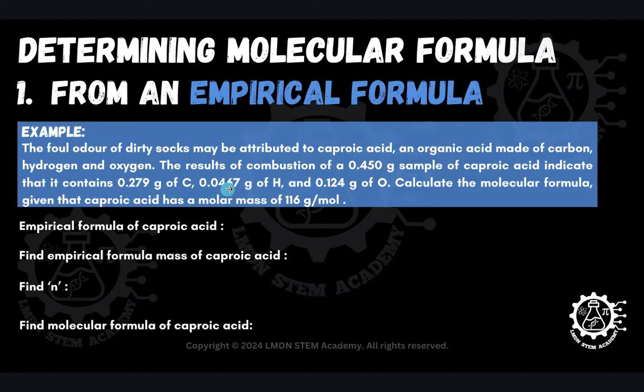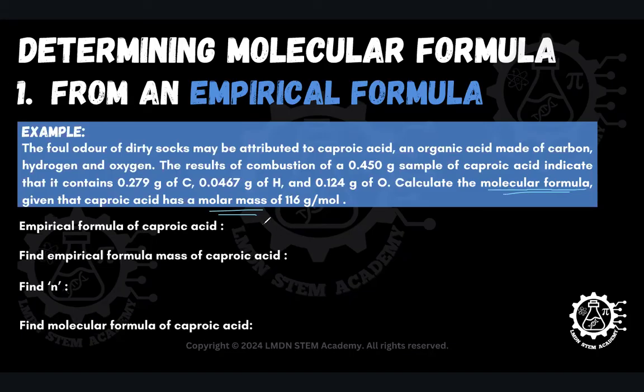So these were the masses of each element that we had. And then we are now given this additional key piece of information, which is the molar mass, right? Which we didn't have before. So now we have the molar mass, and they want us to find the molecular formula. Now remember, we already calculated the empirical formula earlier in this session of caproic acid. And what did we say that was?